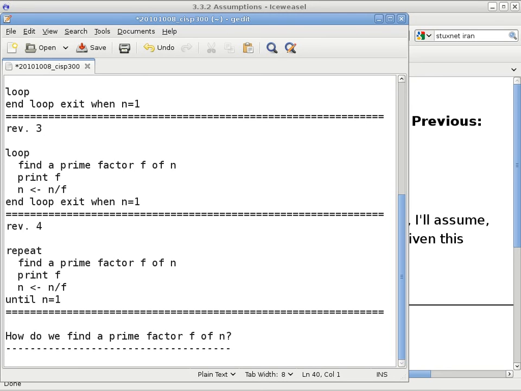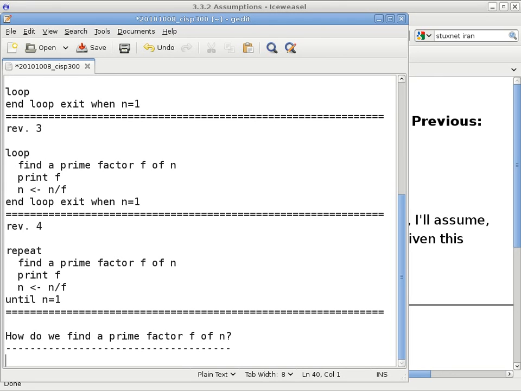Okay, when do I stop? 13 I know is not a factor either, so I have to keep going, right? The next one will be 8, because remember I cannot skip the non-prime numbers because I don't have a table of the prime numbers. I don't have a way to store a table of prime numbers. So 13 is not. How about 17?